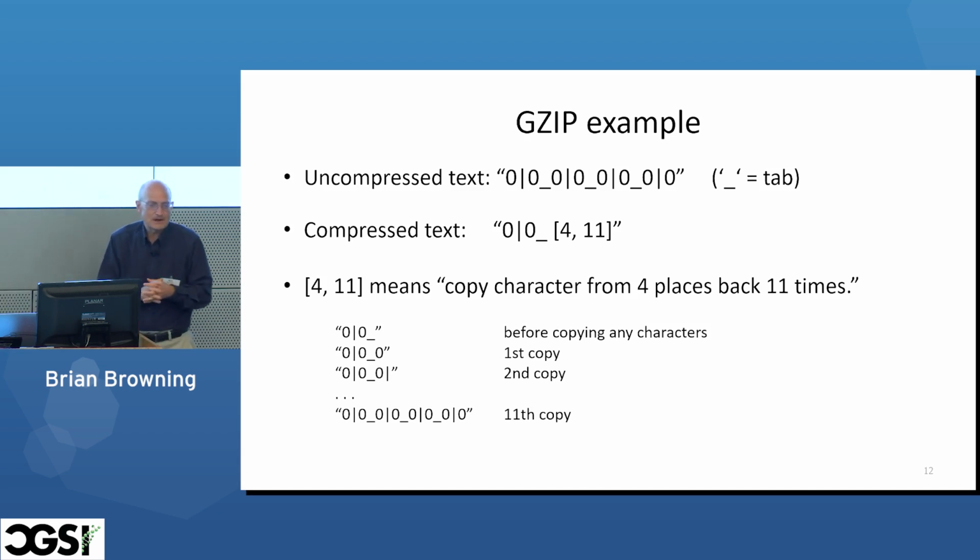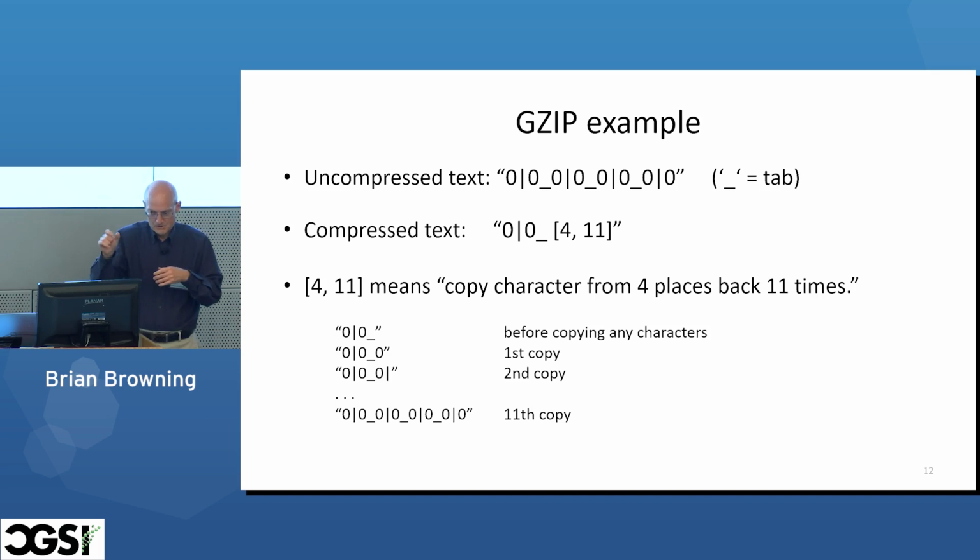So here's an example of how gzip can compress sequence data. Here we have some VCF text from a VCF file. The 0 vertical pipe 0 represents a homozygous reference genotype. Because most markers, when you do sequencing, are at very low frequency, you get long strings of these homozygous reference genotypes.